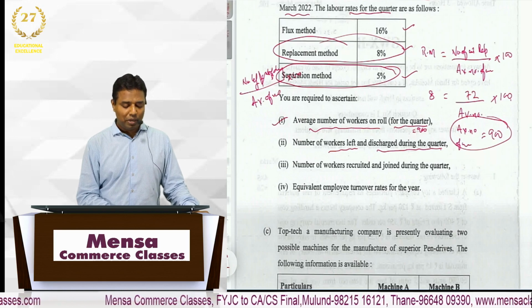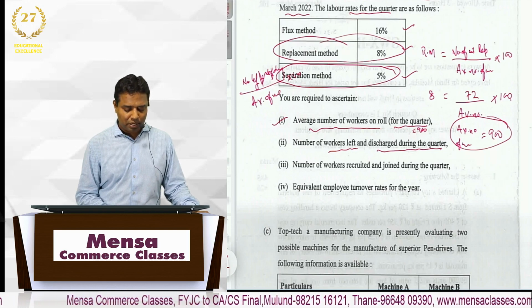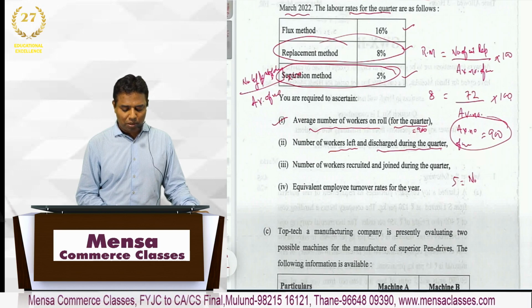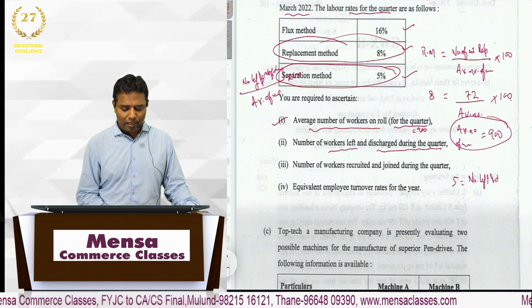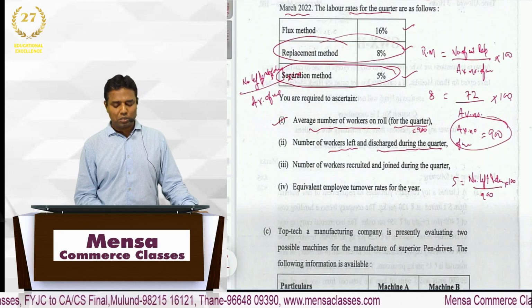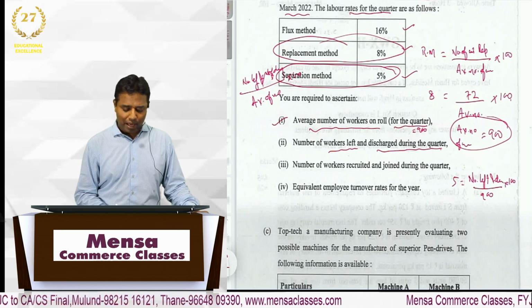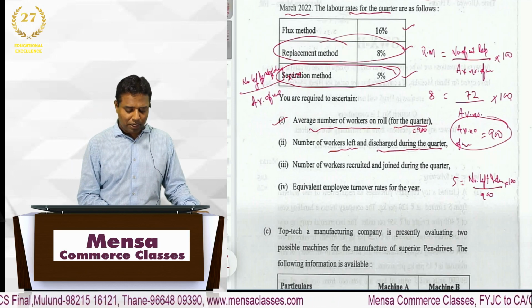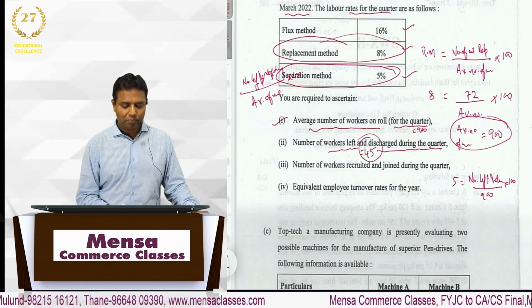We have the percentage, so 5 is equal to number of workers left and discharged upon 900 into 100. Cross multiply, and you will get the number of workers left and discharged as 45.